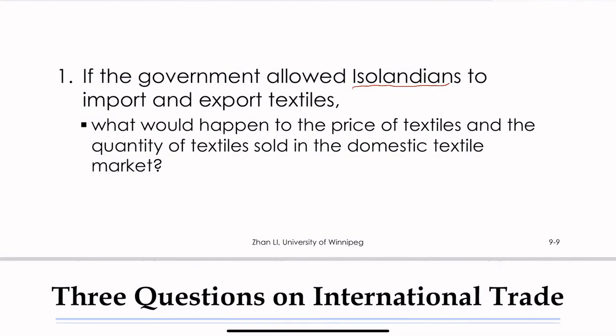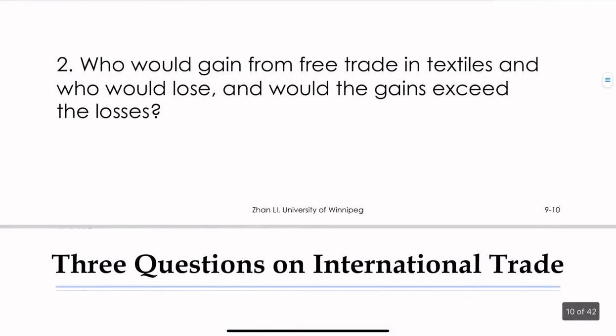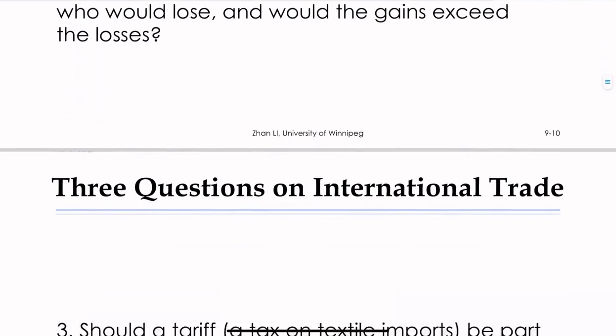And what would happen to the quantity of textiles sold in the domestic market? Second, which is a question on welfare. Who would gain from free trade in textiles, and who would lose? And will the gain be larger than the loss?